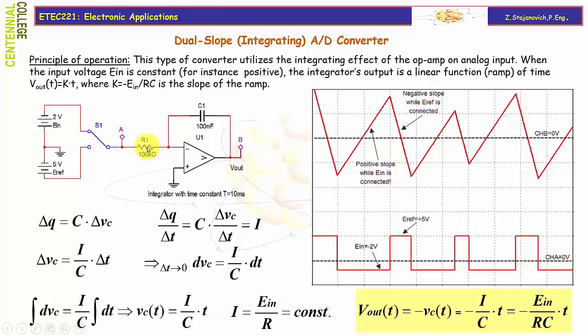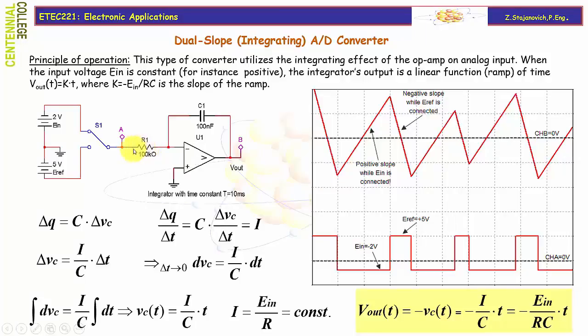One might argue that EIN, being a sample of the analog signal, which changes all the time, is not constant. Yes, this is actually true. However, the sample and hold circuit will keep the amplitude sample constant during the conversion.